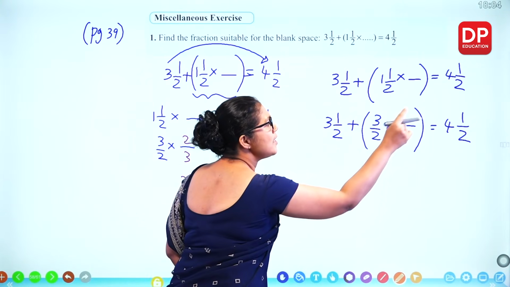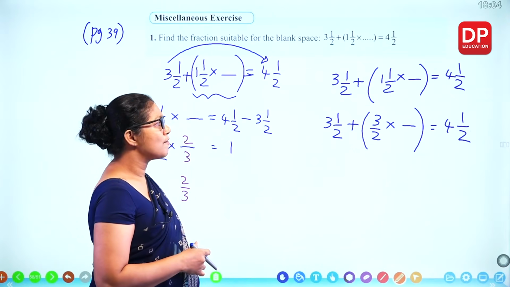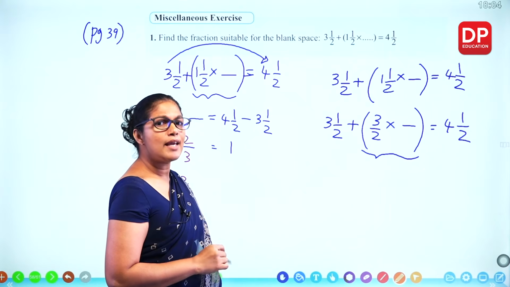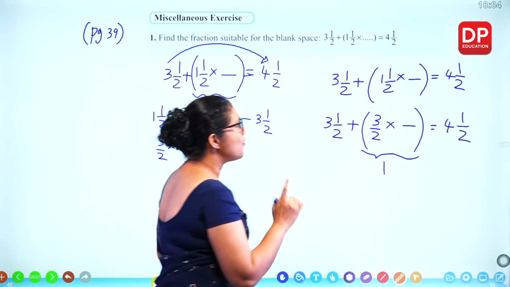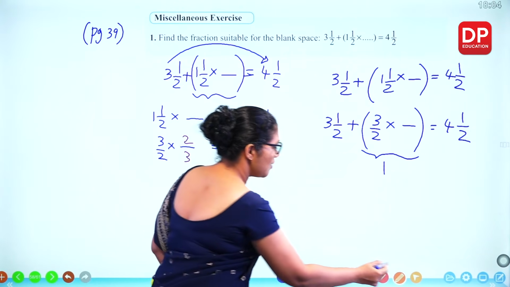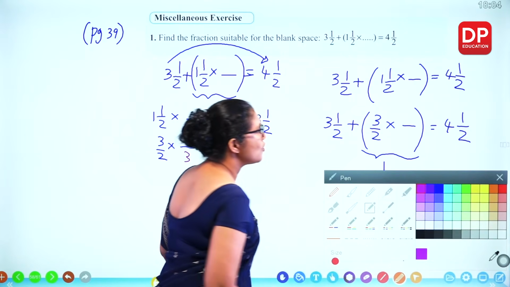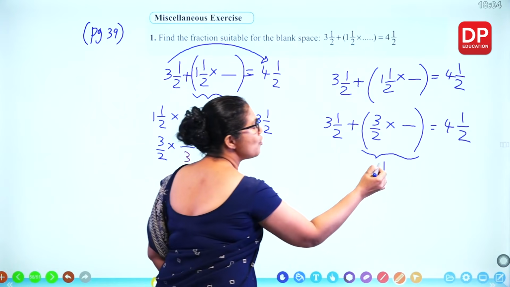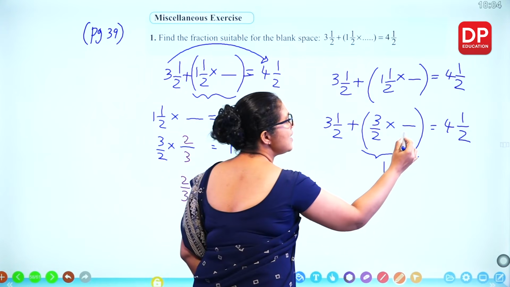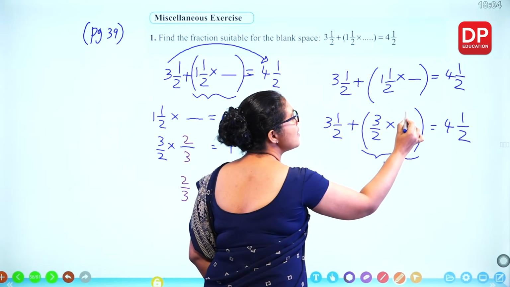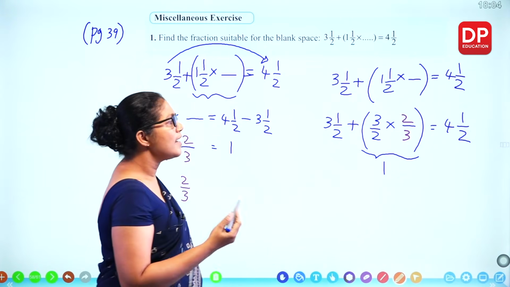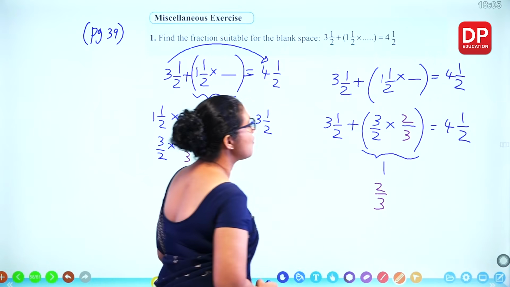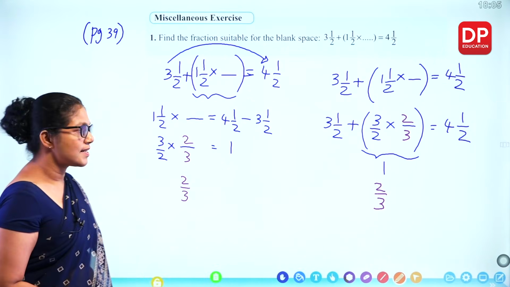When you add something, you should get 4.5. So what should be this value? This should be 1. So if you know this is 1, what should be the answer? So no need to take this to the other side and simplify. So if you want to get 1, that means these two numbers should be the same. So then you can see that the answer for the blank is 2/3.